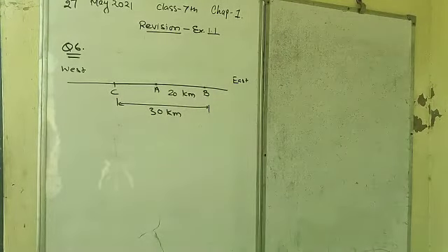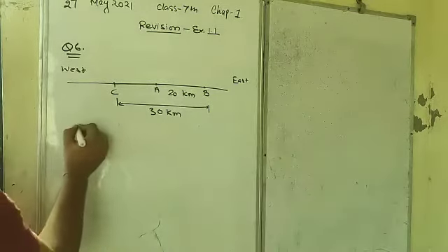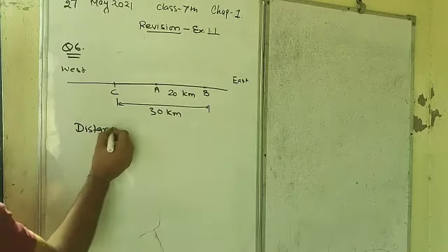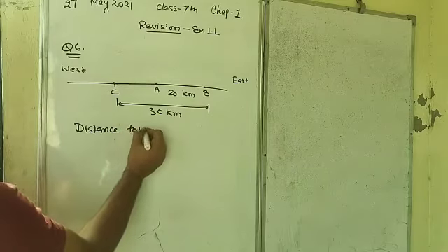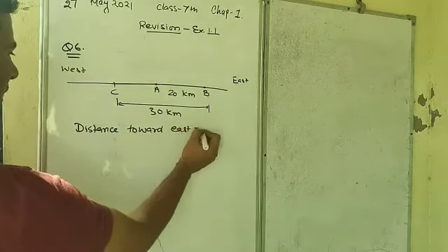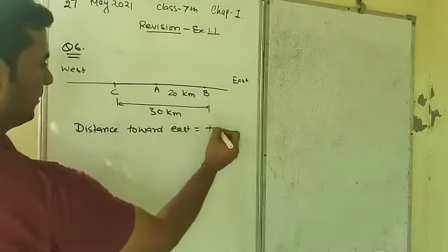Now, if the distance towards east is represented by a positive integer, यहाँ लिखेंगे हम distance towards east हम रिप्रेजेंट करेंगे बाय पॉजिटिव नंबर.